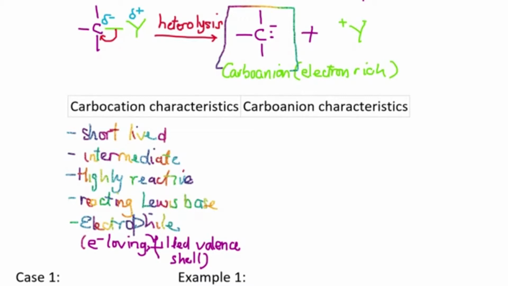So these are the characteristics of a carbocation, which is mostly an electrophile. Let's look at the other part, which is a carbanion.